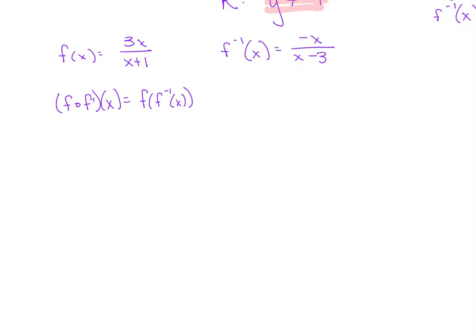Okay, so what we get is 3 times negative x over x minus 3, and I'm just going to say divided by negative x over x minus 3 plus 1.